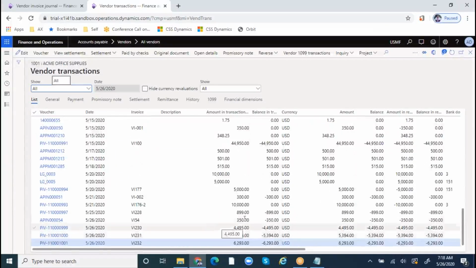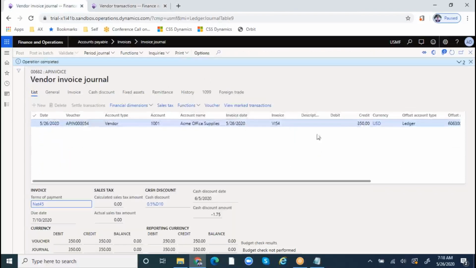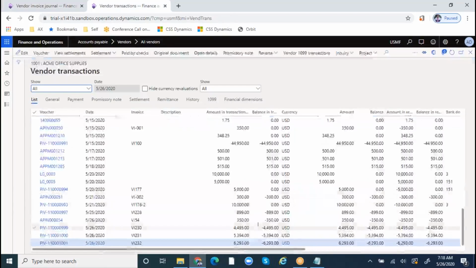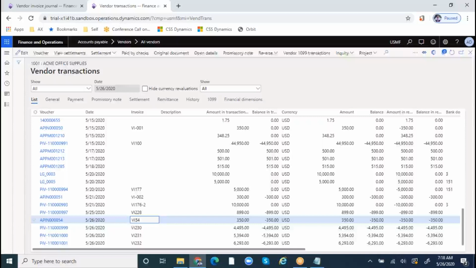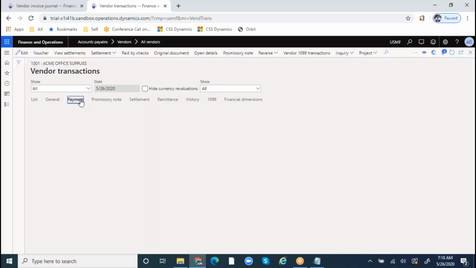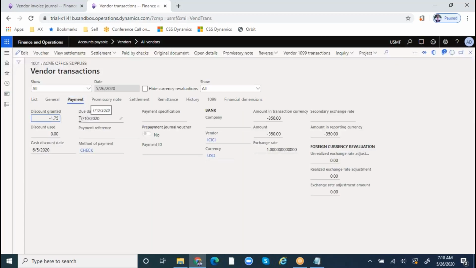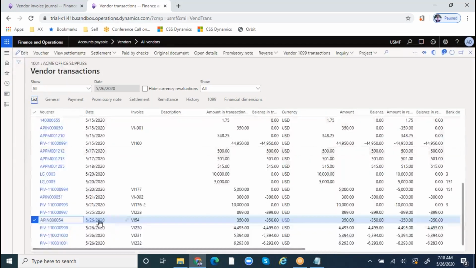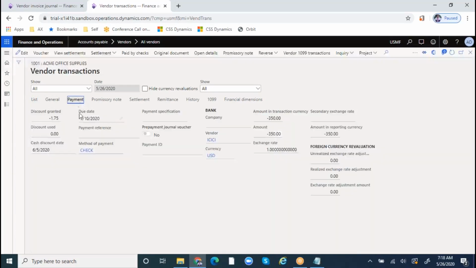This is 350, the vendor invoice we have entered. For this you have a due date. It will calculate today's date plus 45 days and show the due date. The due date is July 10th.